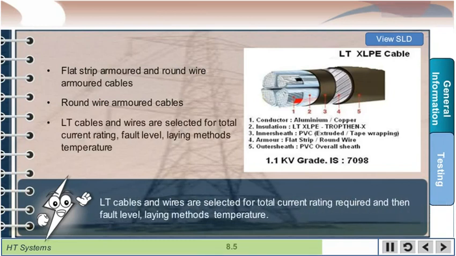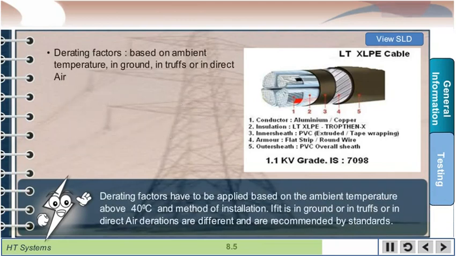LT cables and wires are selected for total current rating required and then fault level, laying methods, temperature. Derating factors have to be applied based on the ambient temperature above 40 degrees Celsius and method of installation. If it is in ground or in troughs or in direct air, deratings are different and are recommended by standards.